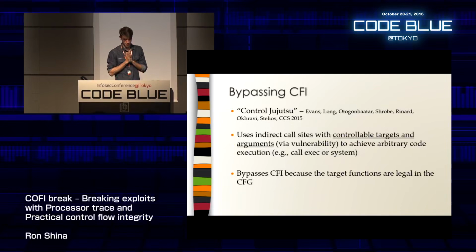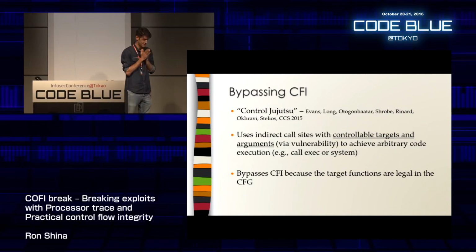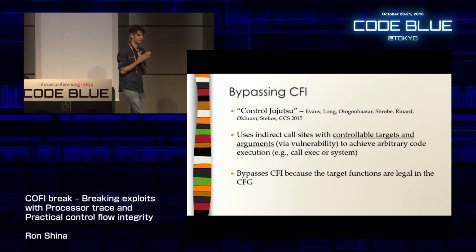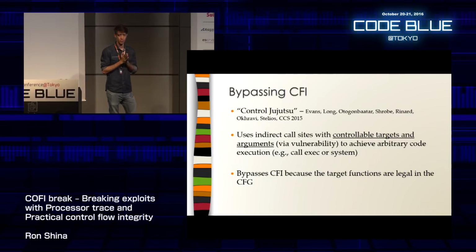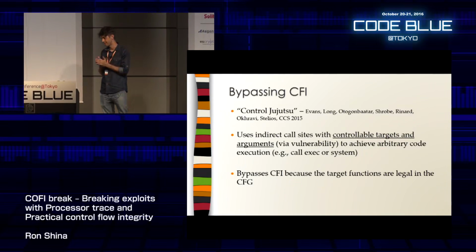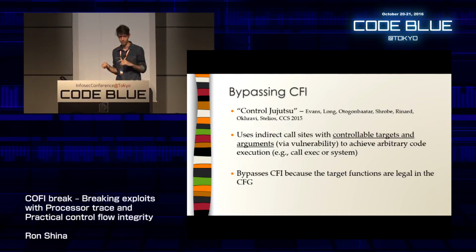So how about bypassing CFI? One thing you could do: if you're trying to exploit a vulnerability and you can call a function and control its arguments, one would think that would be enough in some cases, and it is. And that's exactly what's used in control jiu-jitsu.